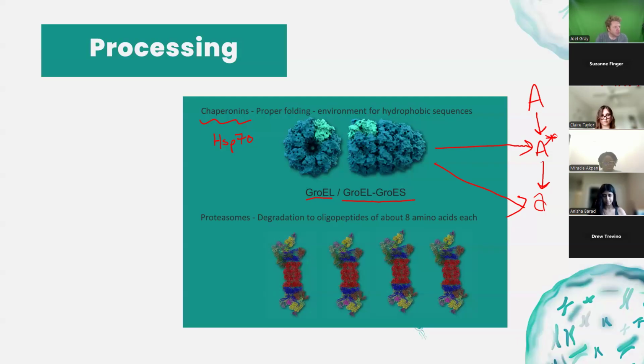There are other proteins known as proteasomes. Has anyone ever heard of a proteasome? I think that might be a little bit more common, but in particular, there's one known as the 26S proteasome. What this protein does is it's basically a kind of protein garbage disposal in some respects.